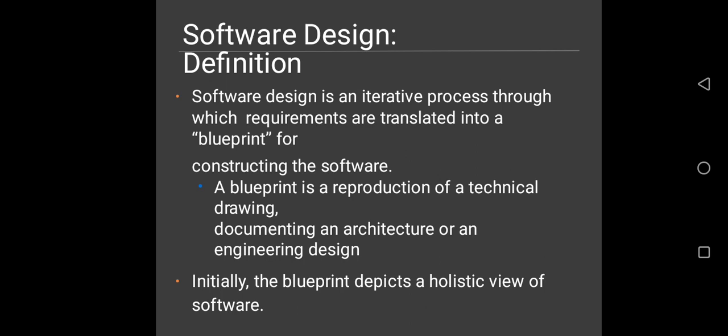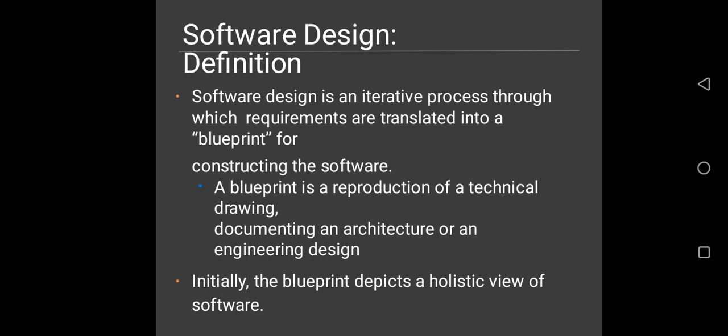For a single requirement, it has to be molded again and again. For the entire collection of requirements, the design process is iterative until it terminates, once the design activity is completed. So the definition: software design is an iterative process through which requirements are translated into a blueprint.